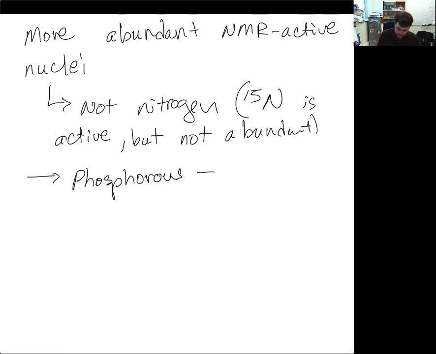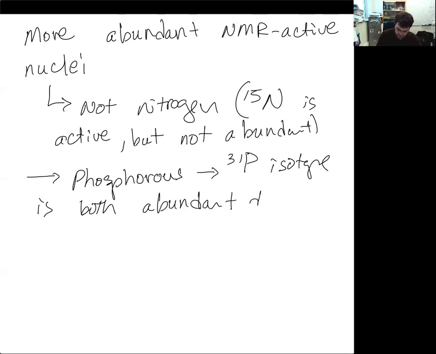Now, some more abundant nuclei, well, not nitrogen, but if we think about phosphorus, phosphorus does have a good signal because its 31P isotope is both abundant and active. Both isotope abundant, I should write this here, and NMR active.